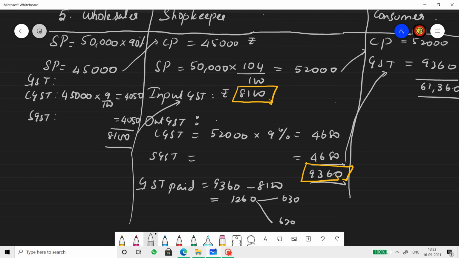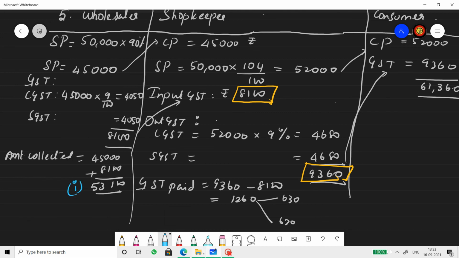So amount collected by this fellow is 45,000 plus the tax of 8,100, which works out to the figure 53,100. So this is the amount collected by the wholesaler, in turn paid by the shopkeeper. So this is question number 1's answer.